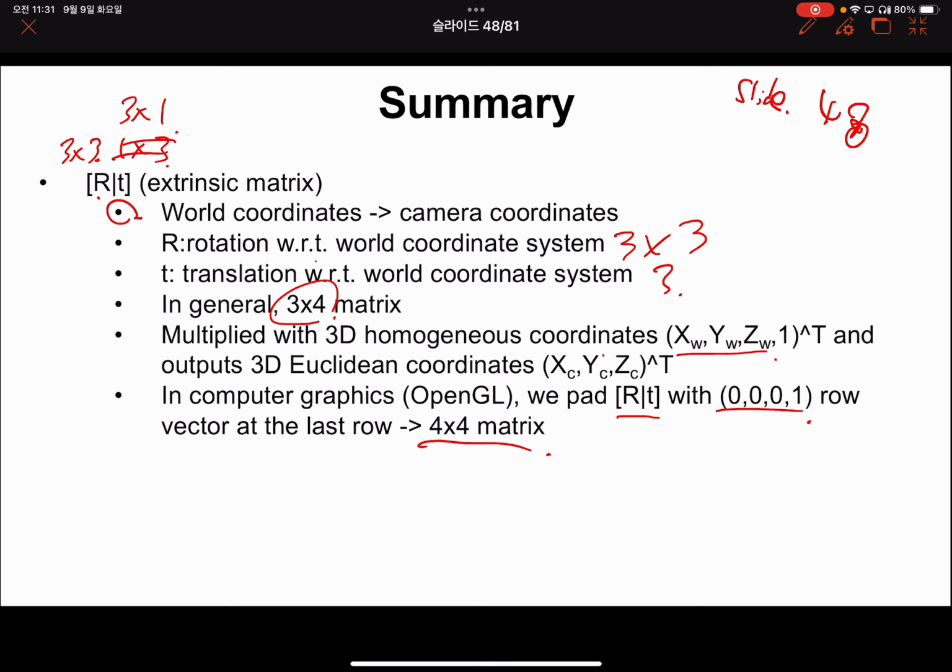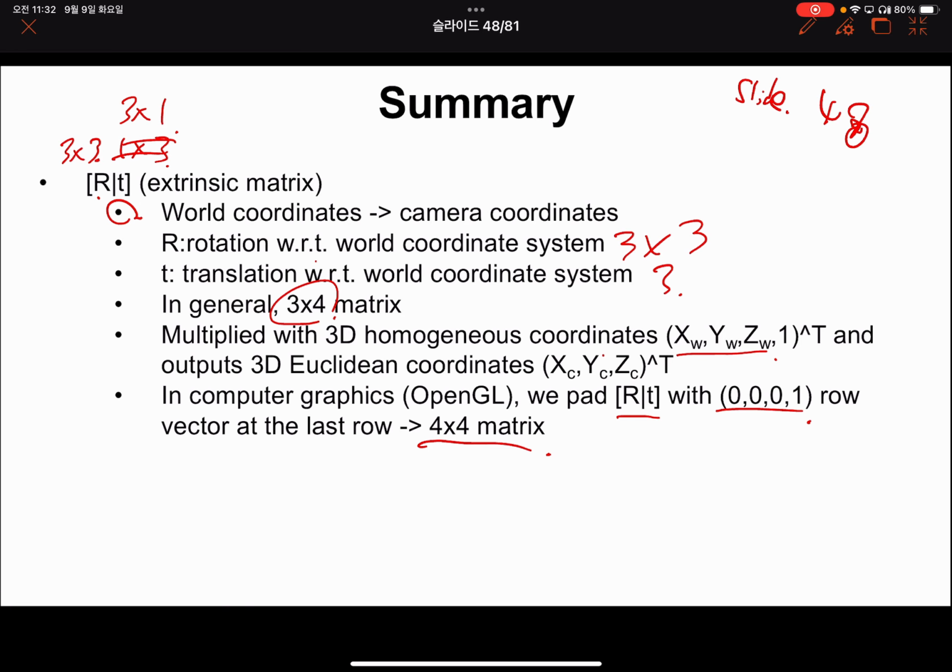The important thing is that the extrinsic matrix, which is a combination of rotation and translation, is to change some constant reference world coordinate system to moving cameras, multiple cameras, any cameras. We'd like to change this world coordinate system to a camera-relative coordinate system, so that we can define a coordinate system for each camera, for each time step if we move cameras.